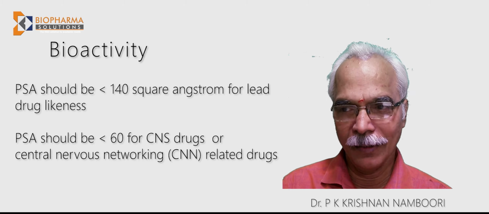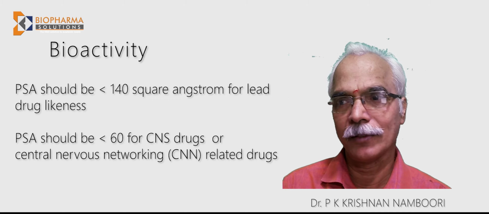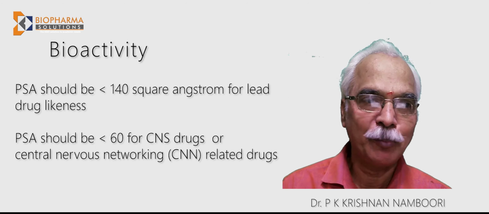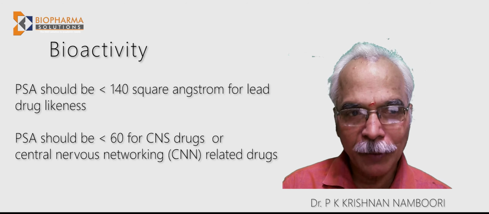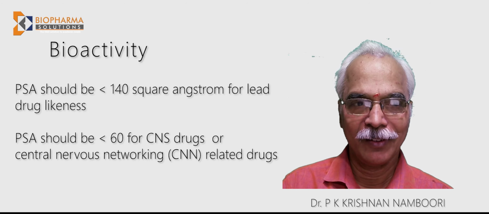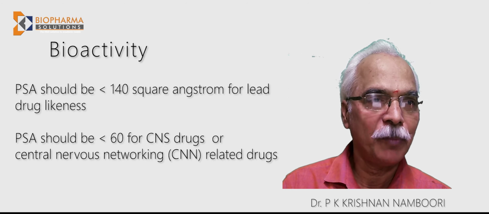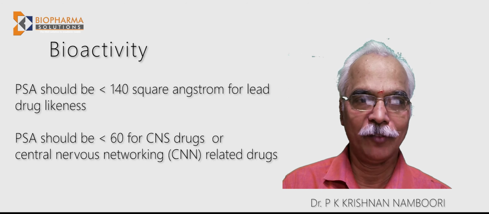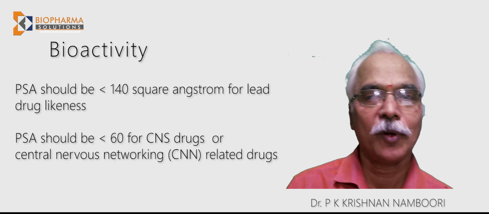Especially, it would be negligibly permeating through the cell membrane. So absorption will be negligibly small. Bioavailability will be negligibly small. So automatically, the polar surface area should not be higher than 140. This is a condition for most of the drug molecules.